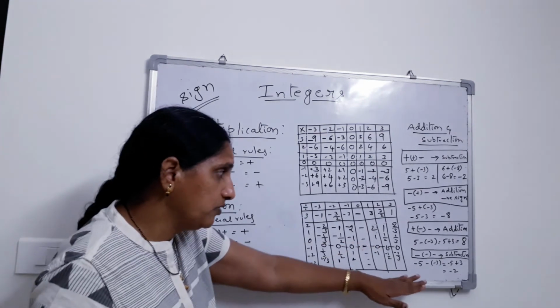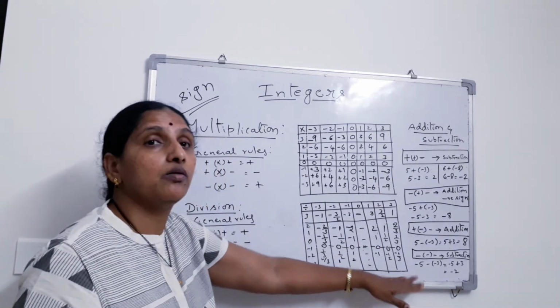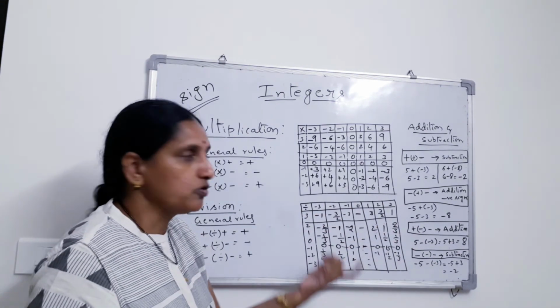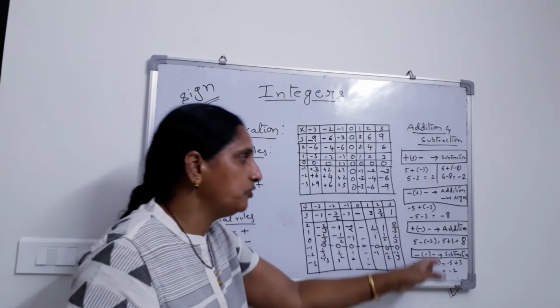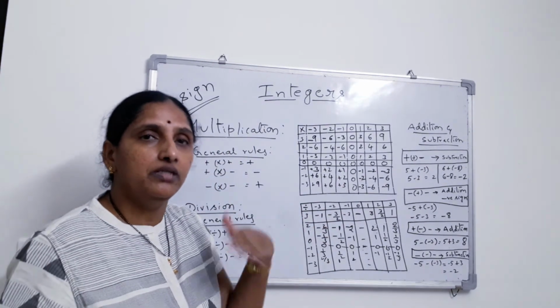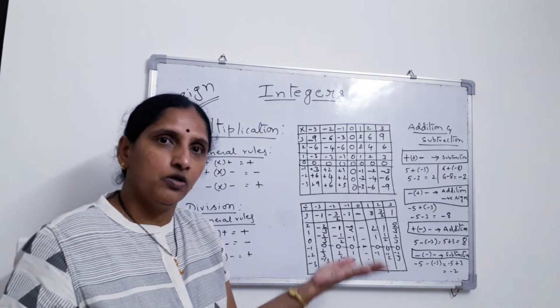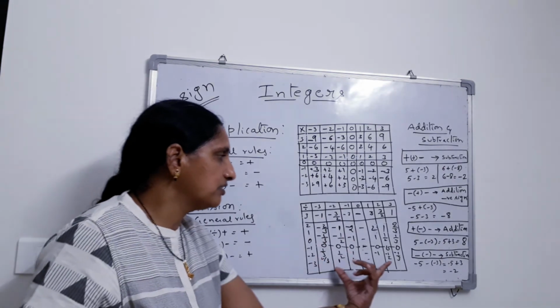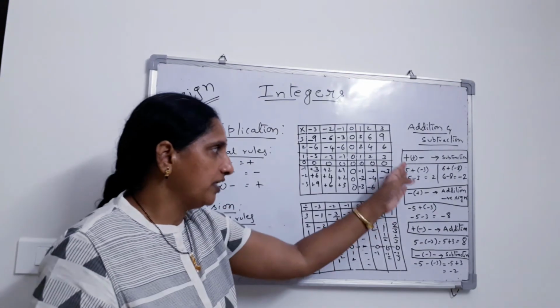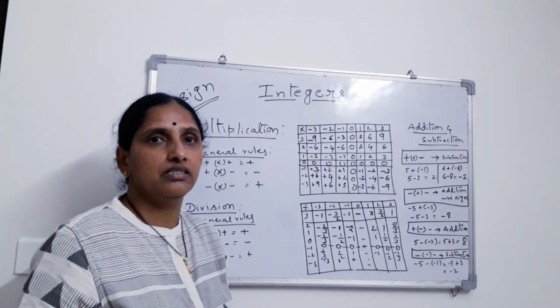Now, when you start with integers, you are almost entering the logical part of mathematics. When you are familiar with this, that logical part will become very easy for you in further classes. Okay children, so what is your task? You have to fill the rest of the table and also try to practice these things.